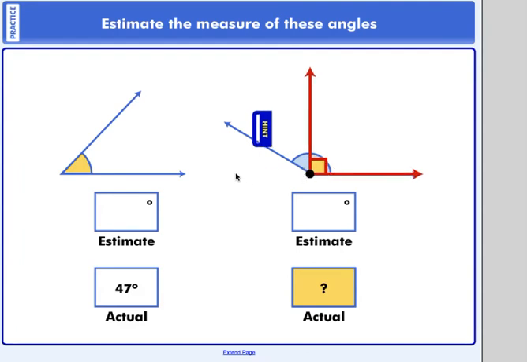Here's a straight line, that's 180. Looks like we're more than halfway from 90 to 180. I'm going to maybe guess like 160 degrees. So let's check and see what that answer will be. Oh, it was a little too high, looks like 147 degrees, but still not a real bad estimate.